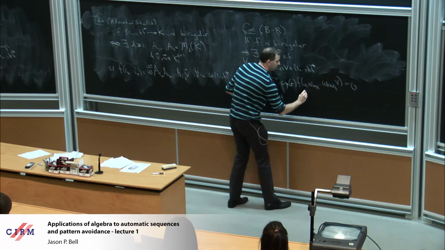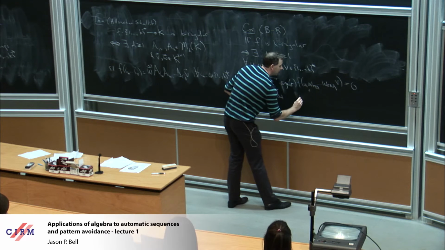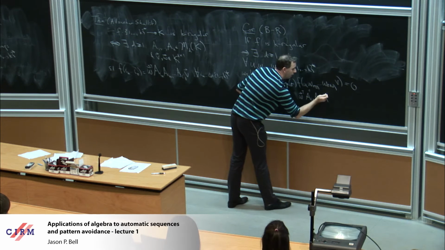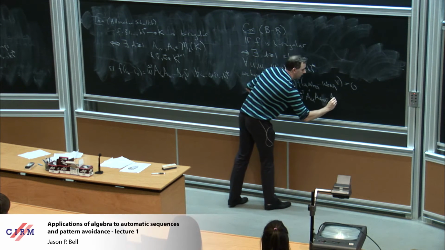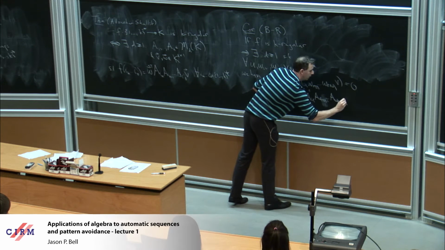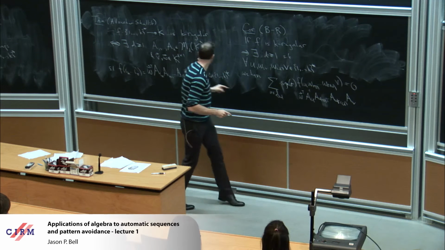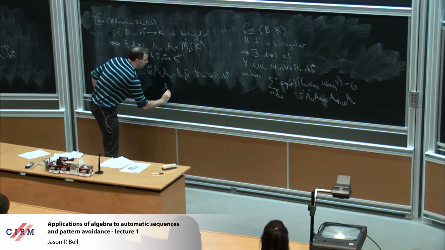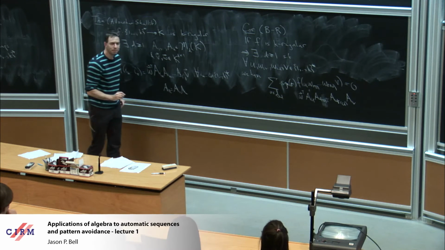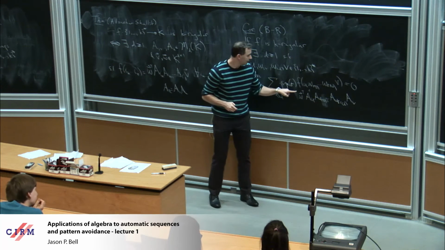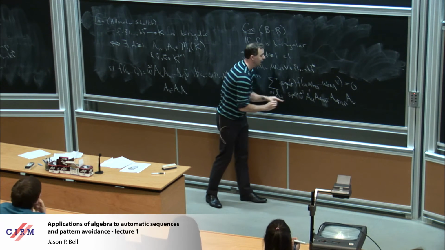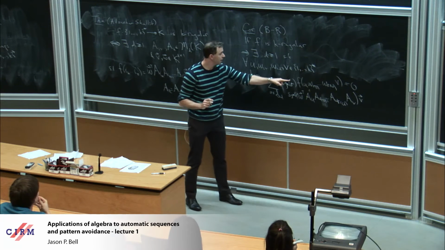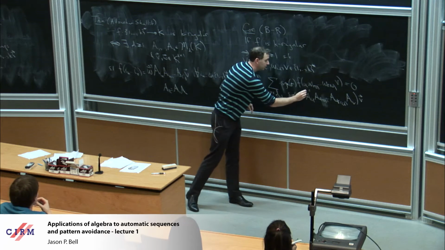So this guy really is W transpose A(u) V, where by A of a word, I mean the corresponding product of the A letters. So A_{12} will be A1 A2. And then, of course, if I shuffle this around, I can pull the W transpose out and the V out on the right, and I'm just getting the Levitzki thing.